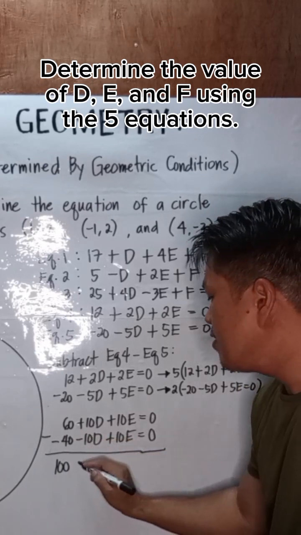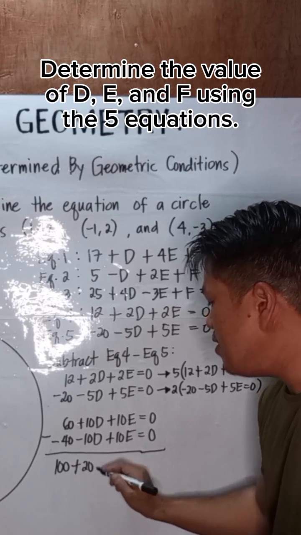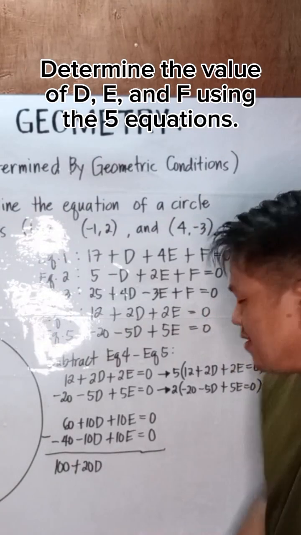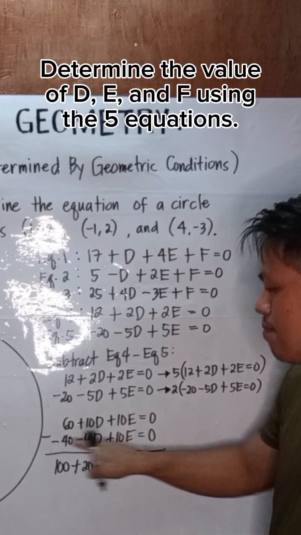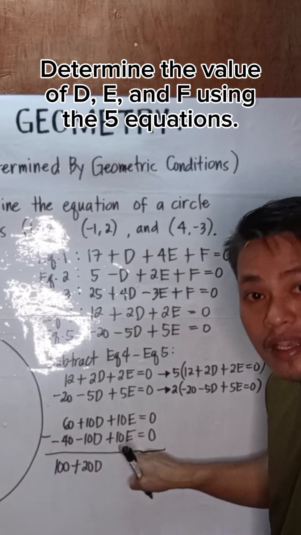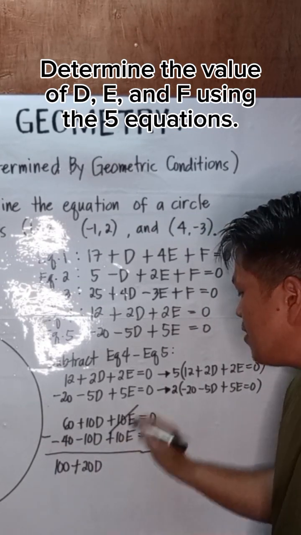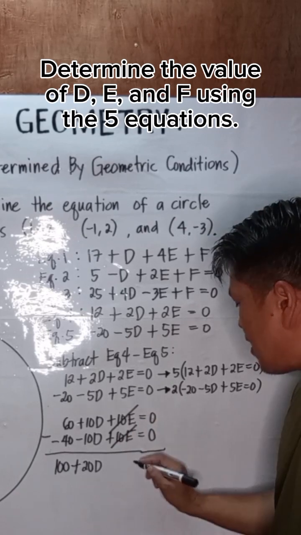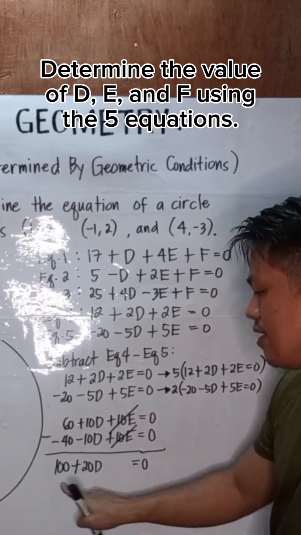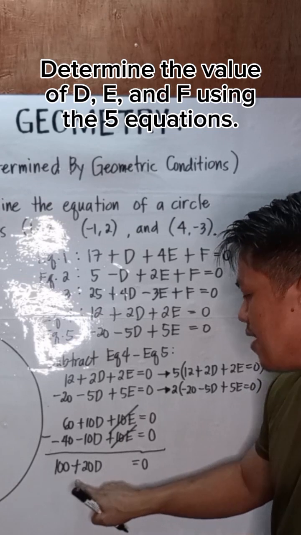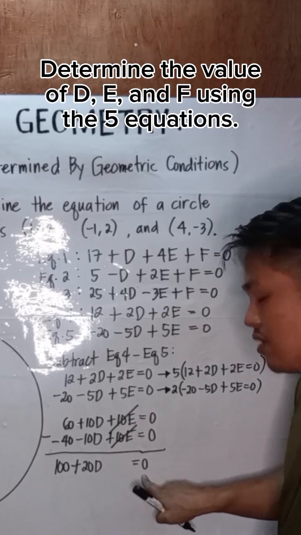Kaya ito ay plus 20d. And then, 10e minus 10e ay 0. Kaya ito ay makakancel. Kaya ang natira na lang sa atin ay 100 plus 20d is equal to 0.